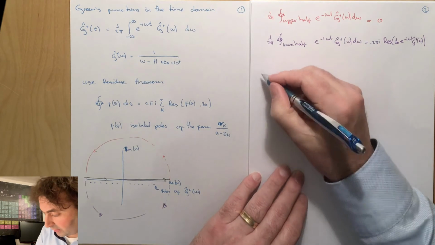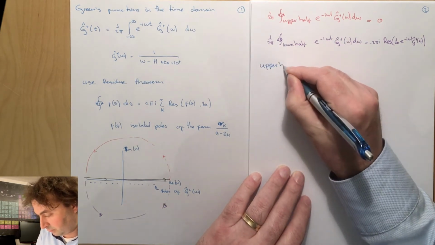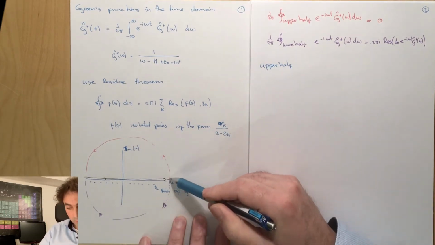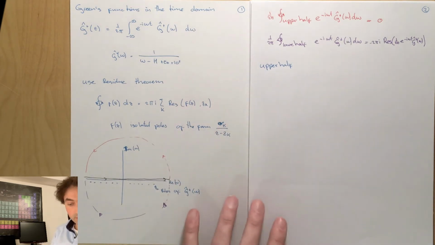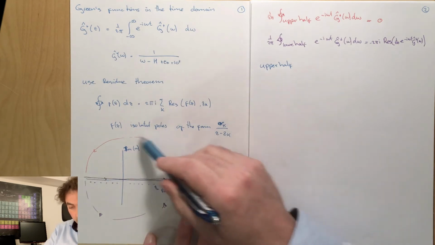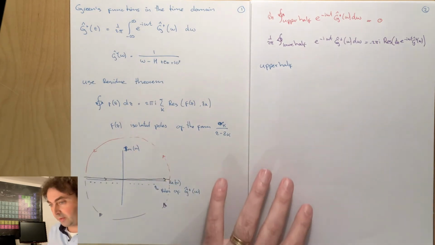So let's have a look at the upper half. If we can show that the integral over the arc is 0, then we can relate the integral over our contour to the integral that we are after.